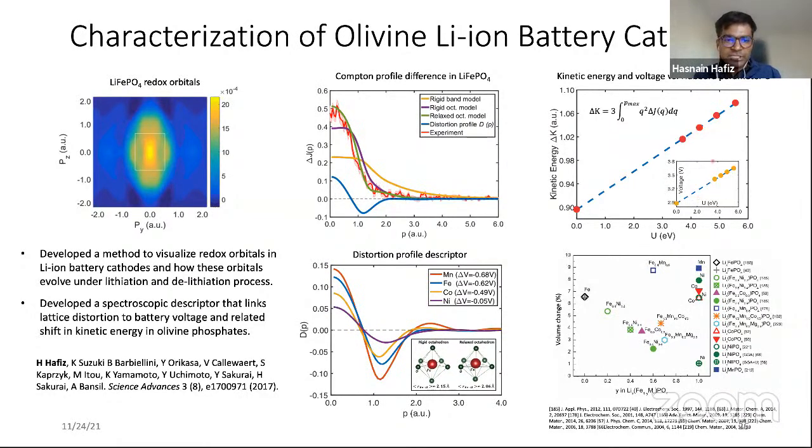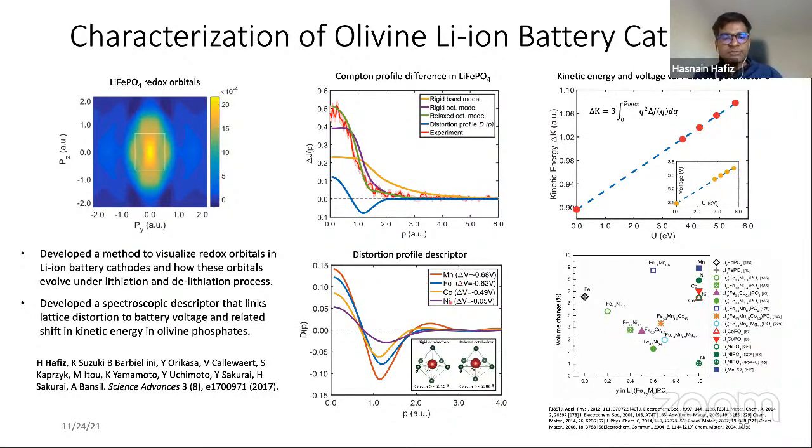This modification of the bond between the transition metal and oxygen atom is also related to a volume change of the unit cell, which shows a decrease in volume change as we go from manganese to nickel. And as a result, we see a reduction in the voltage shift.